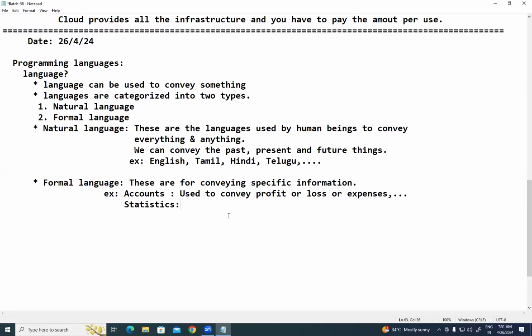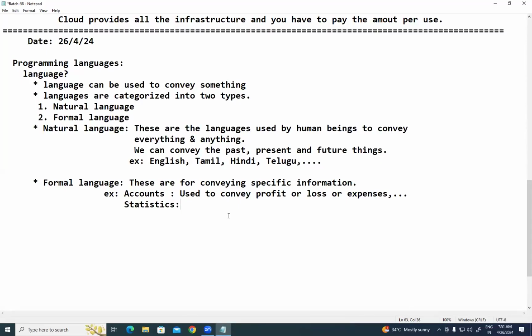For example, during the second phase of COVID, how many people have died in India? This kind of analysis can be done with the help of statistics or not?